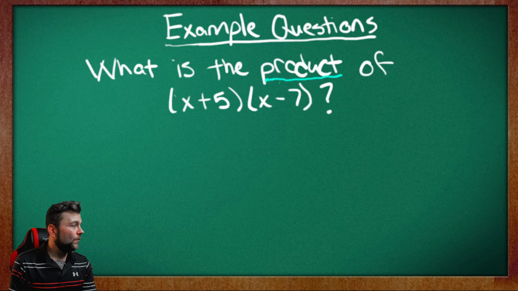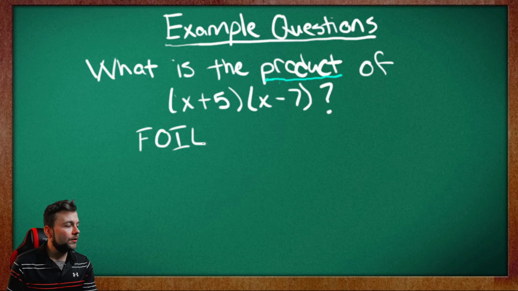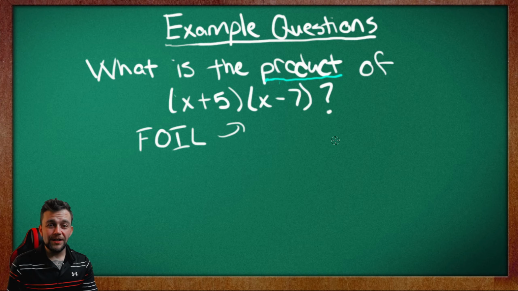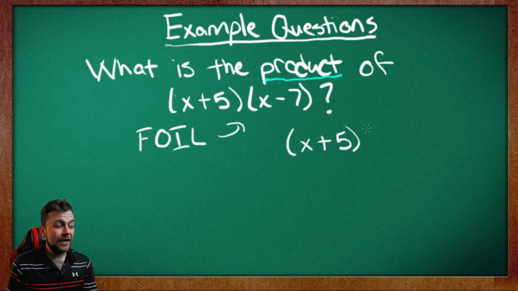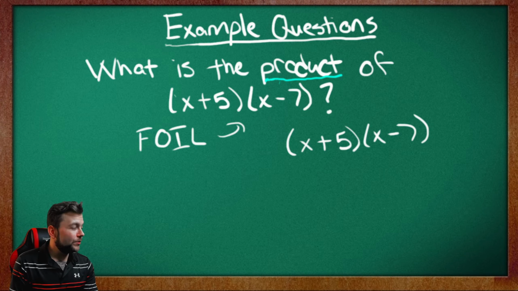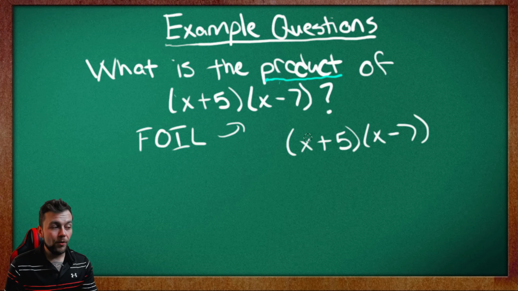So we're going to FOIL this term, okay? So I'll write it off to the side here. We have x plus 5 and x minus 7. And let's get all of our arrows up on the board. So FOIL the first term, so first times first, right?